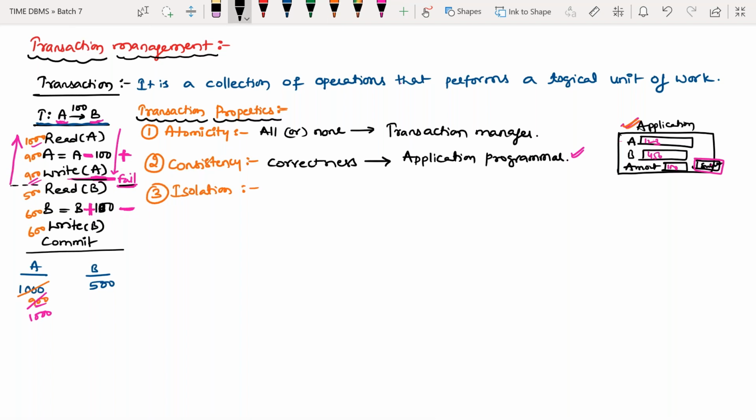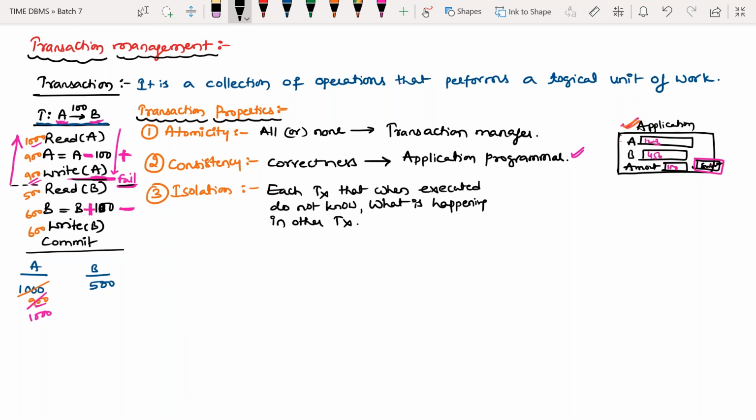The isolation property says that all the transactions that are executing, each transaction, when executed, does not know what is happening in other transactions.